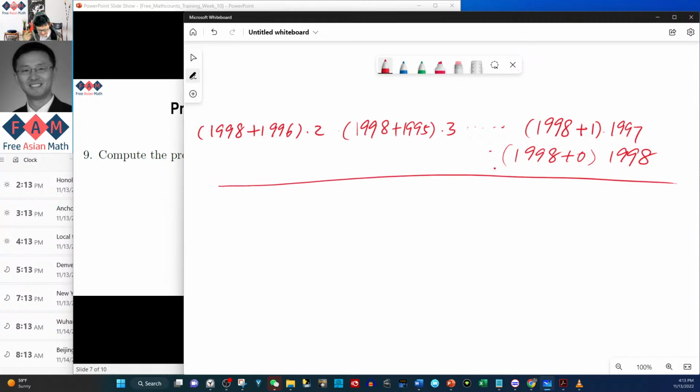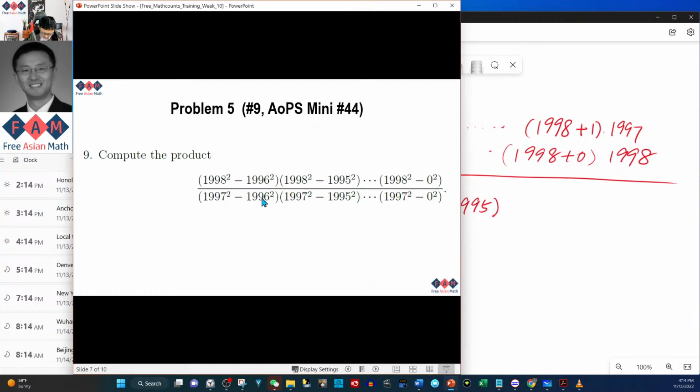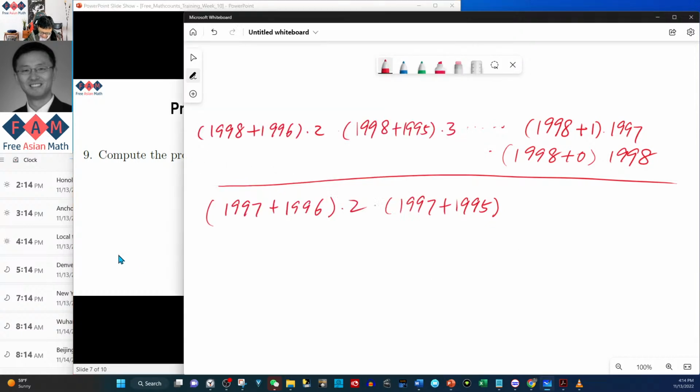What is in the denominator? Very similar thing, just one less. You replace all the 1998 with 1997. So 1997 plus 1996 times 2, times 1997 plus 1995 times 2.